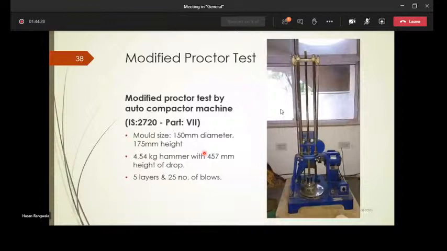And here it has been 5 layers, while only 3 layers are done in the standard Proctor test.